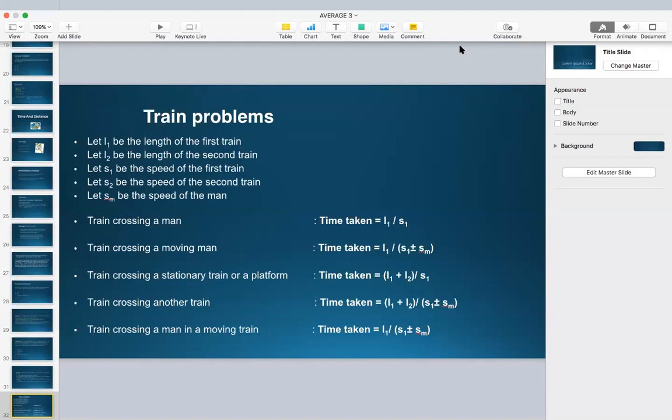The timer will start when the first engine of the train has just entered the platform, and the timer will stop when the last coach has completely crossed the platform or has completely come out of the platform.